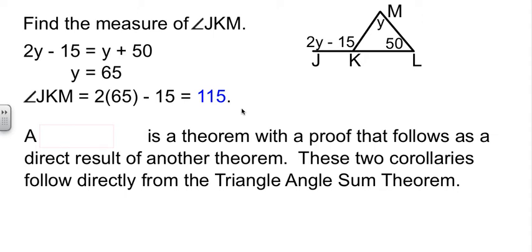Okay. One last idea we need to talk about is the idea of something called a corollary. Corollary is just a fancy name for a theorem, but it's a particular type of theorem in which the proof of this theorem comes directly from having another theorem handy.